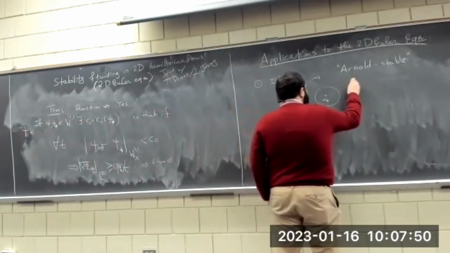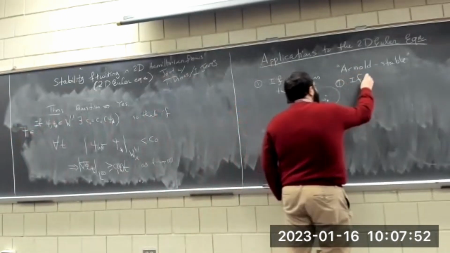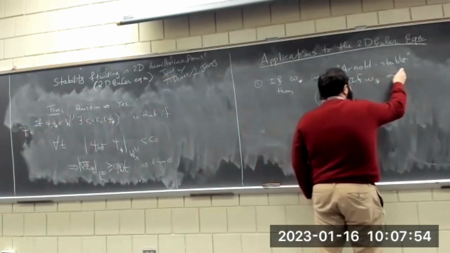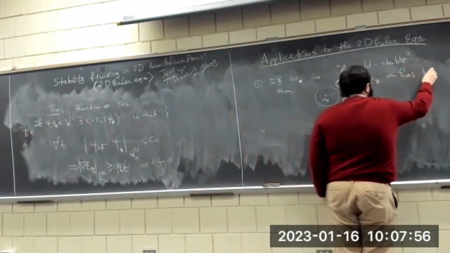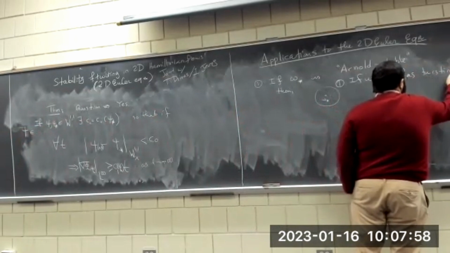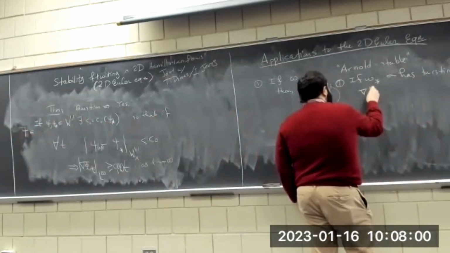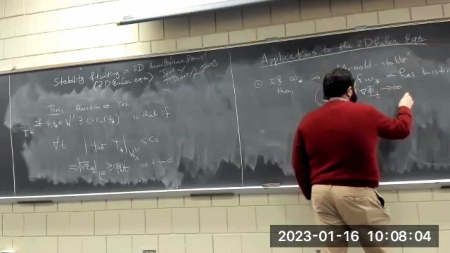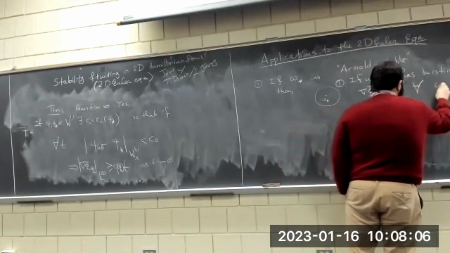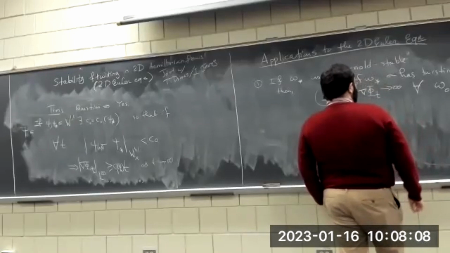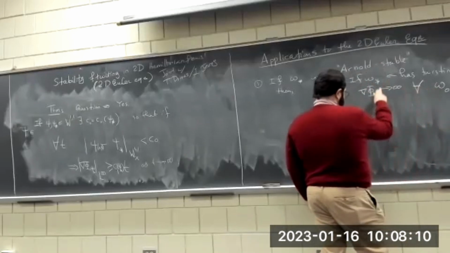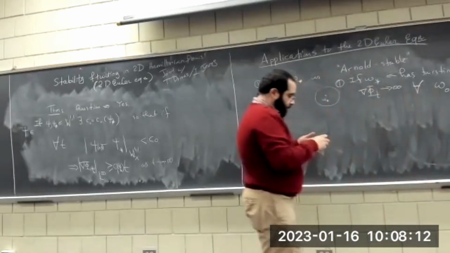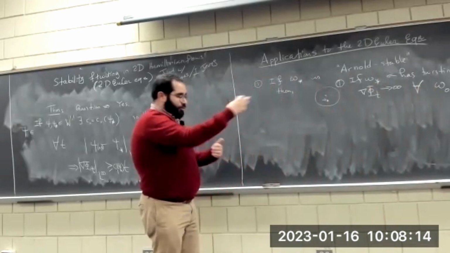So if omega star has twisting, then the gradient of the flow map goes to infinity for all initial vorticities. The flow map now comes from the solution to the Euler equation.